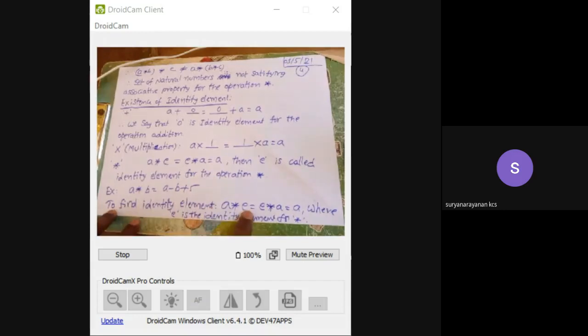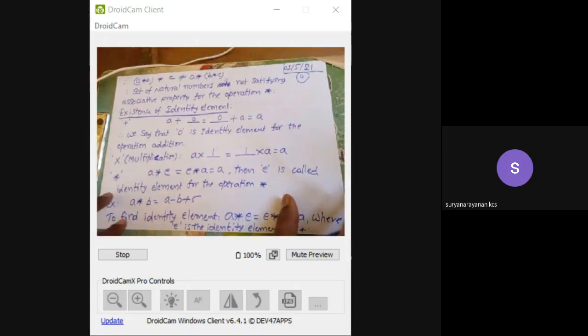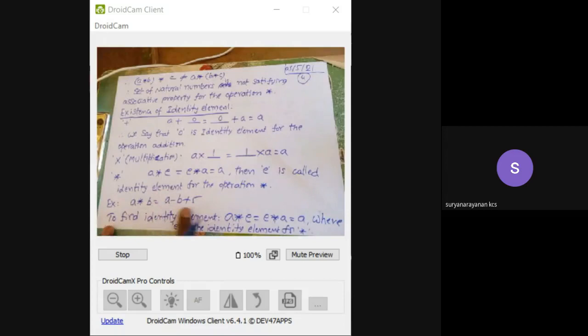Now we have to find the value of E in terms of A and B. Please listen carefully how to find the identity element for this operation.